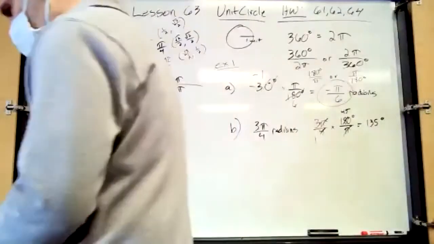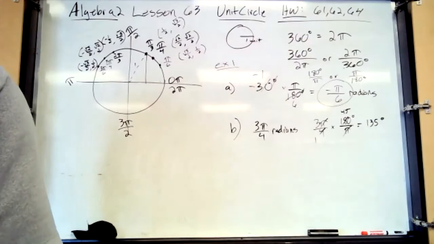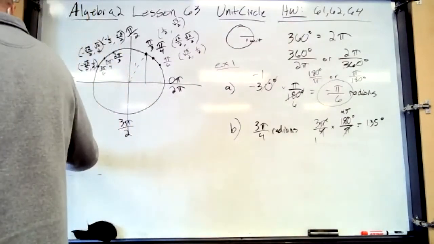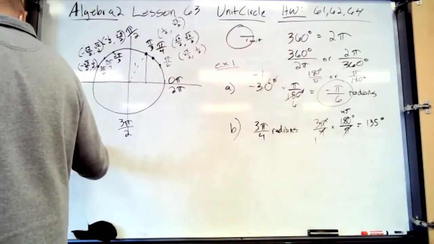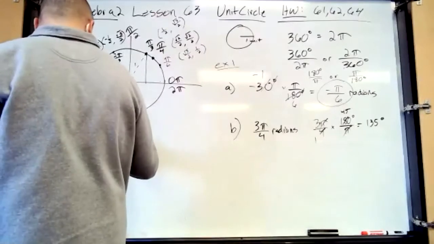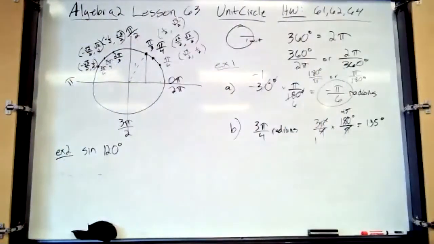Because here's the types of problems that we're going to get now. Okay? We're going to get problems like this. What is the sine of 120 degrees? Okay, now here's the other cool thing about radians.